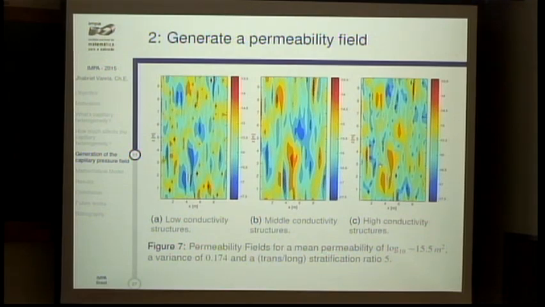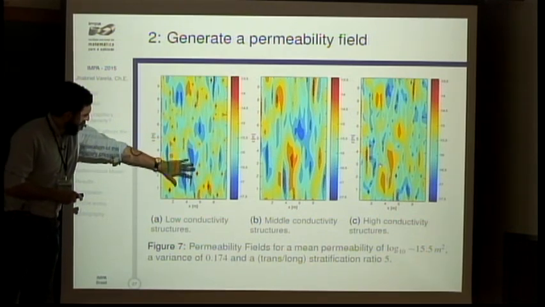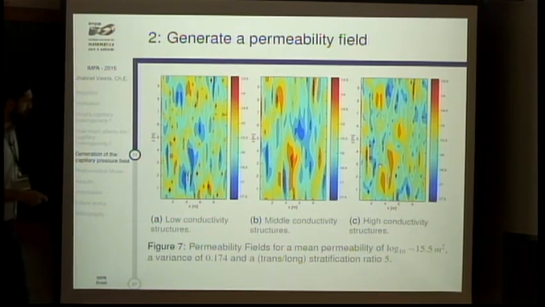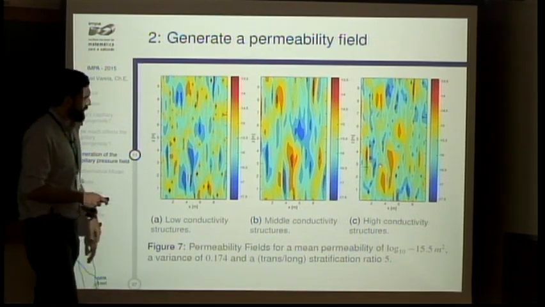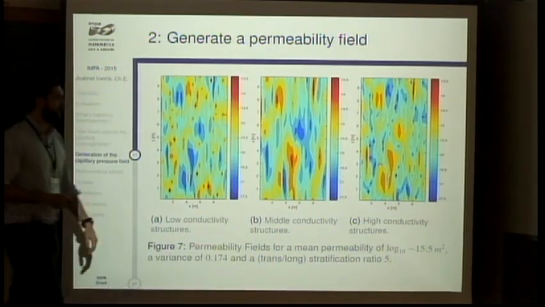And as we can see, the stratification is the same, it only differs in the way the patterns or paths of high conductivity are connected. For example, here we can see a low conductivity zone, and this is the same, but it has a high value of permeability.